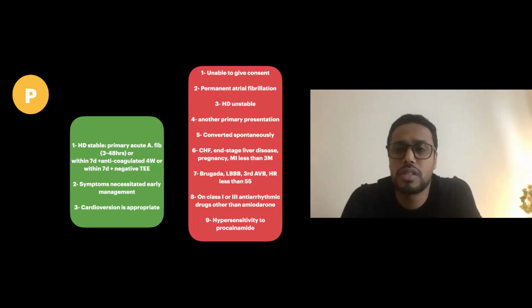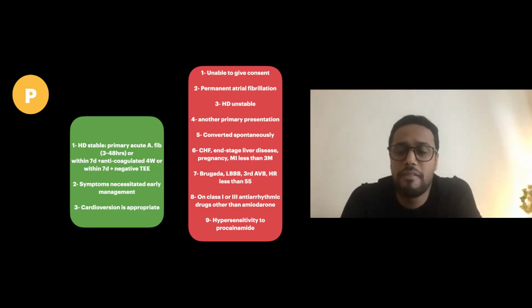They also had several exclusion criteria. We can see them here: if they were not able to give consent, or if they had permanent atrial fibrillation, or if they were unstable, or if there was any primary cause for this presentation.